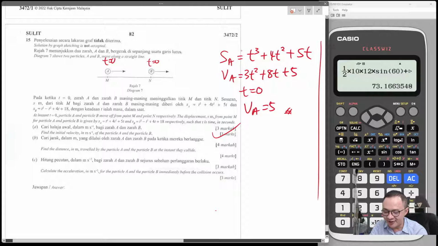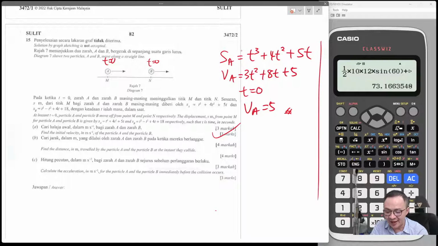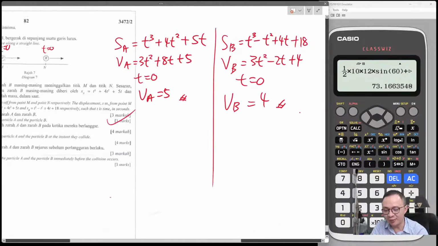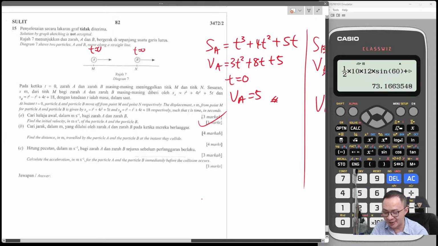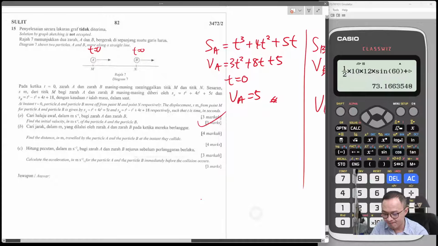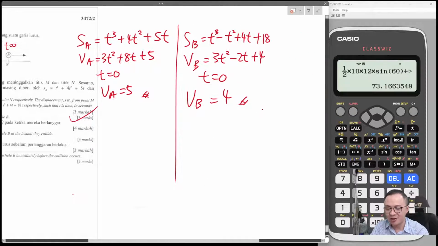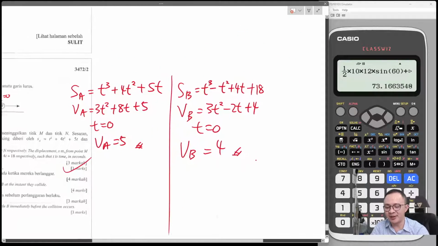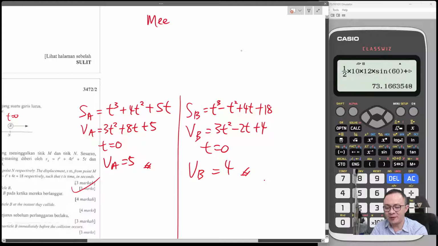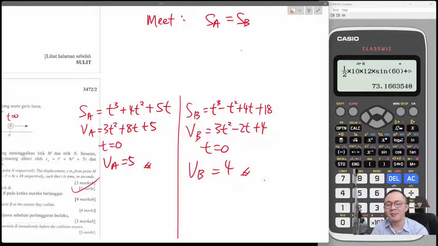Now find the distance traveled by particles A and B at the instant they collide. In order to collide, both of them must meet, right? So in order to find when they meet, I will do SA equals SB, because they must have the same displacement, then only can they collide.